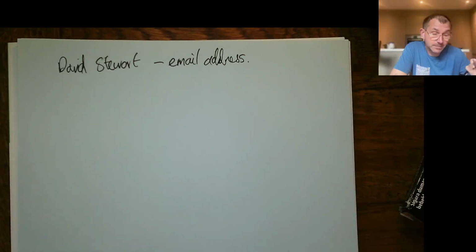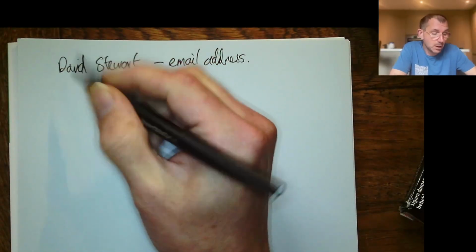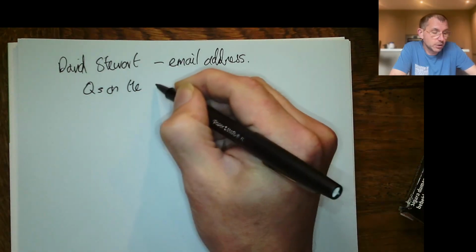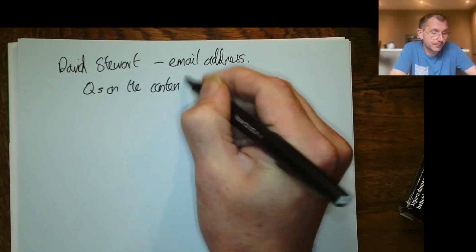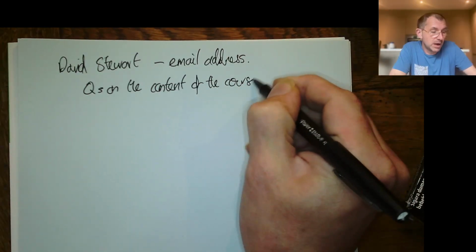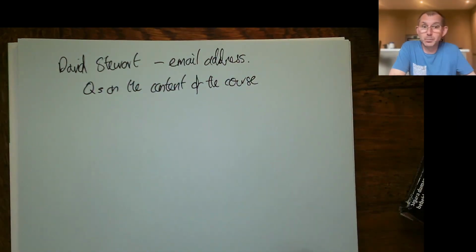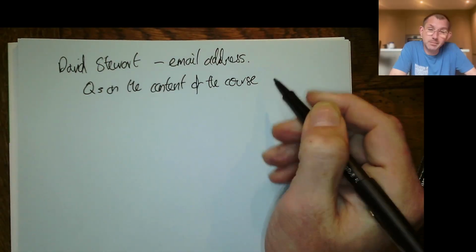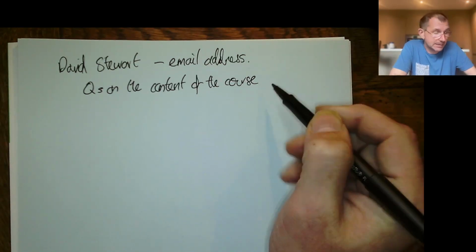But for questions about the content of the course, which might be, I don't understand how to do a certain type of question, or can somebody please explain this concept to me?